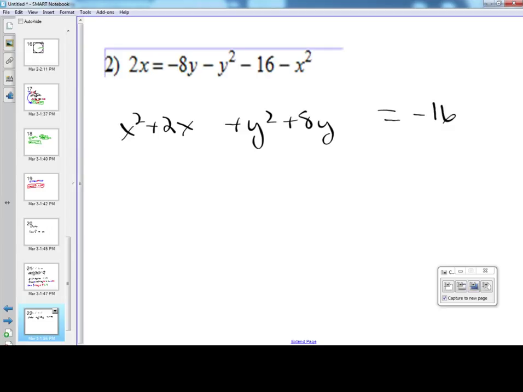Change side, change sign. I feel like that's an inspirational quote. Delta side, delta sign. Sorry. It was from a movie, that's why.